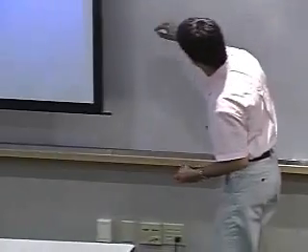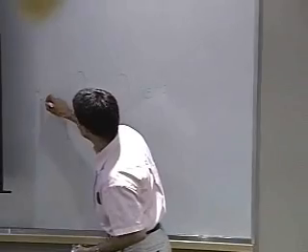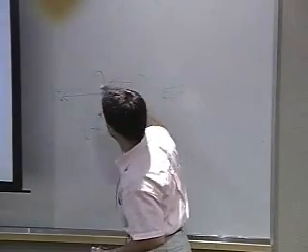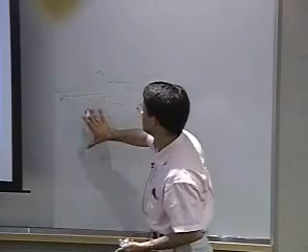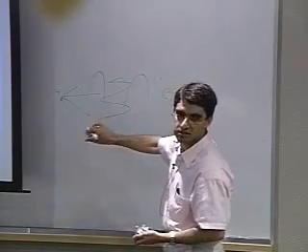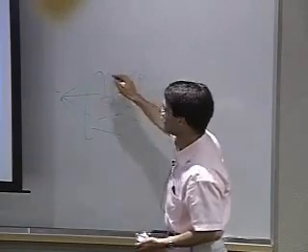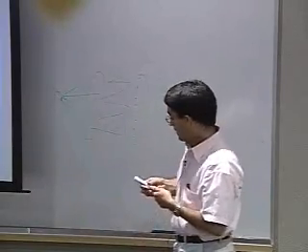Suppose that this is the source node, which is connected to these nodes, and you have a bipartite graph here. So in the first round, it's going to send the message to the neighbors. Now it's just a matter of these vertices notifying these vertices of the message that they have received.